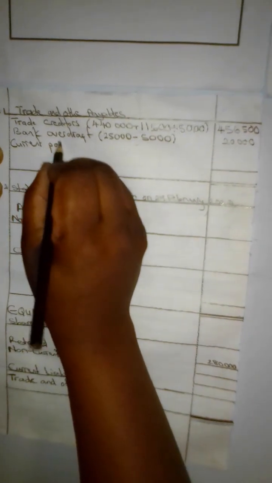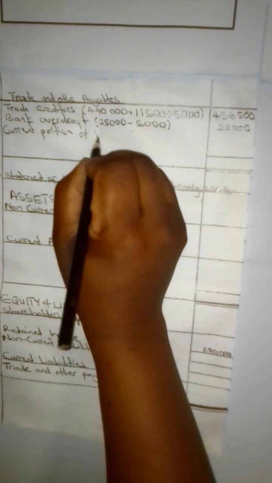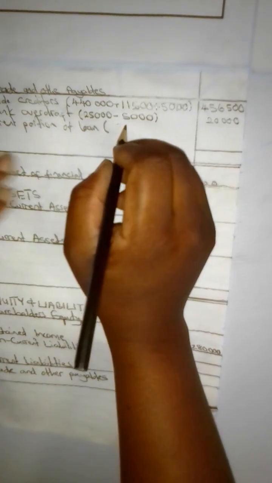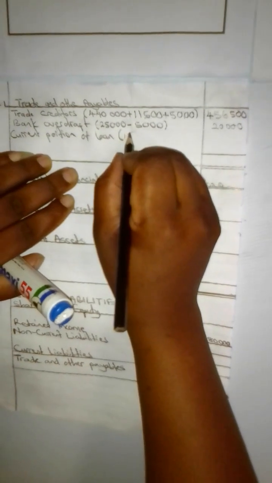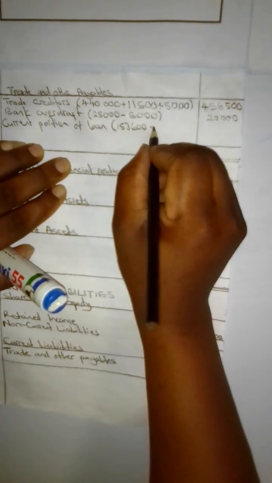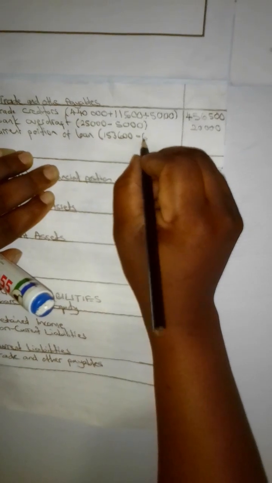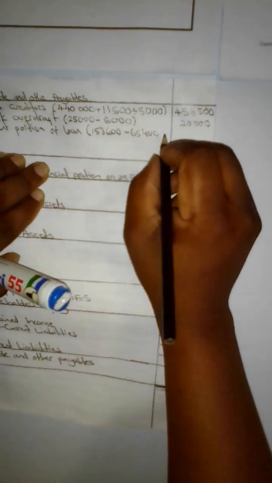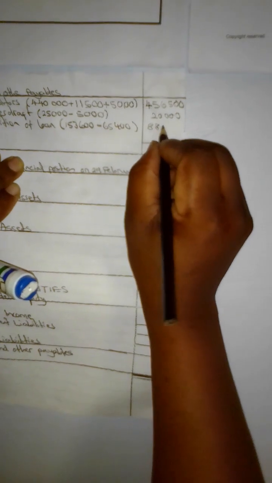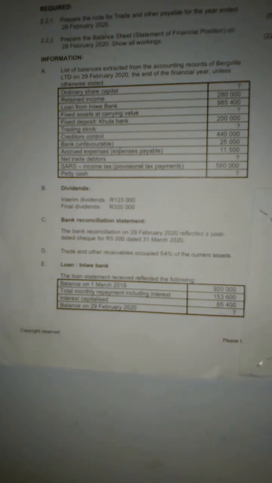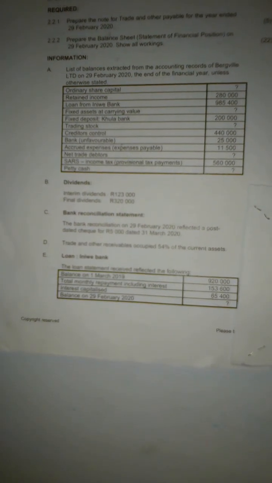I'm going to write current portion of loan. I'll open a bracket. I'll say 153,600 minus the interest, 65,400. It will give us something like 88,200. That is the current portion of the loan. I've removed the interest from this amount. Okay, I hope you have understood that one. So whenever there's a loan, there's always going to be a portion of the loan that you repay each and every year.